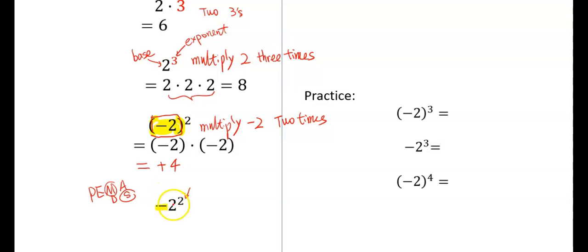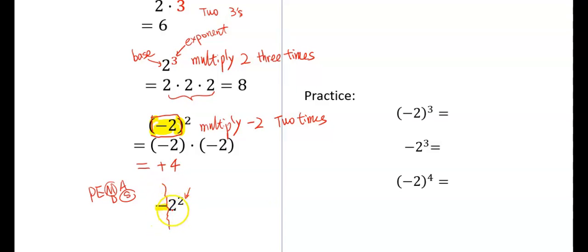So we need to multiply 2 first. Here, this minus sign is kind of separated from that 2, without the pair of parentheses, without being in a box. So they are considered to be separate.